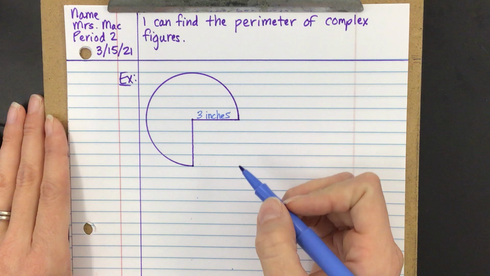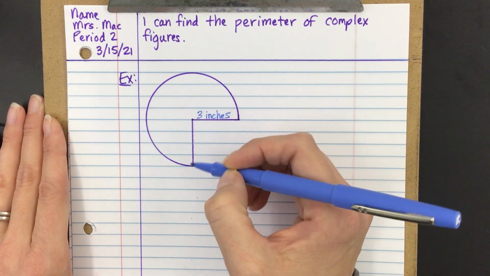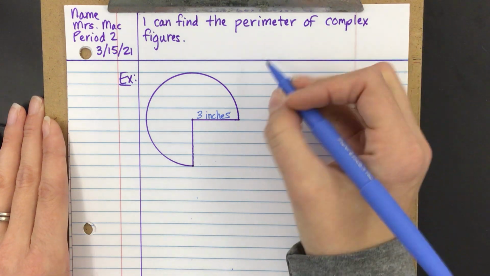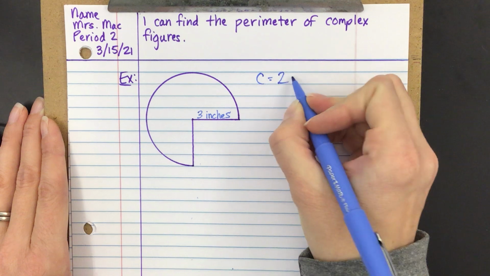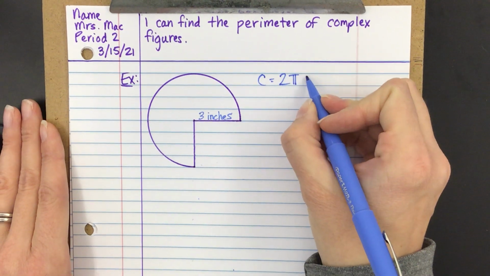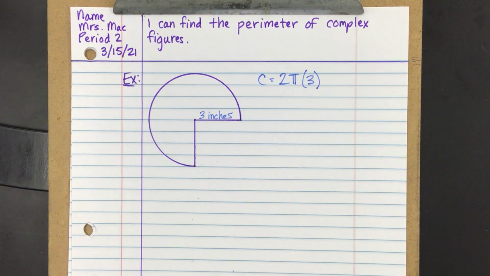So the first step I would say is let's find the circumference of the circle and then we'll just take 3/4 of it, okay? So I'm going to start with the circumference, which I know is circumference equals 2 times pi times the radius, which in this case is 3. Let's see, where's my calculator?